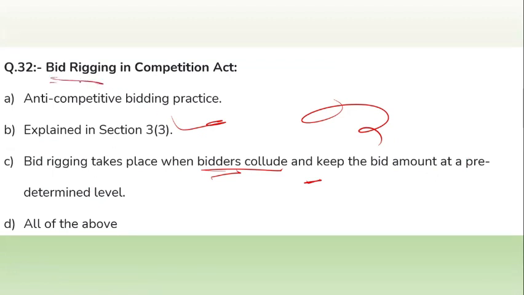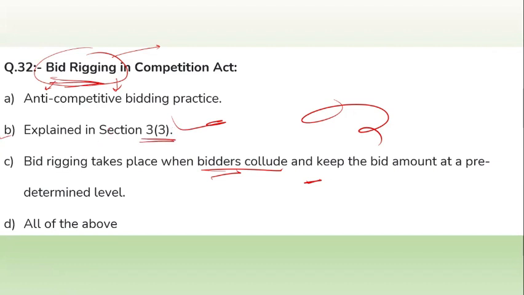First of all, bid rigging is a part of anti-competition. I will complete this question first, then I will explain some important things. Bid rigging is a type of anti-competitive practice, which comes under Section 3, subsection 3.